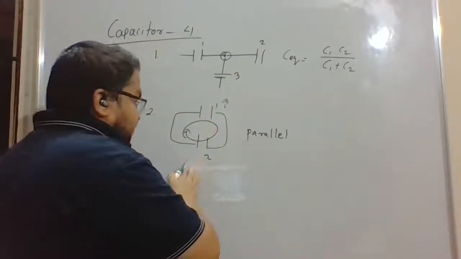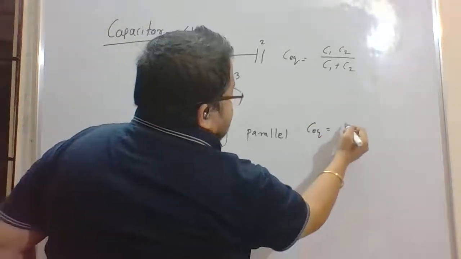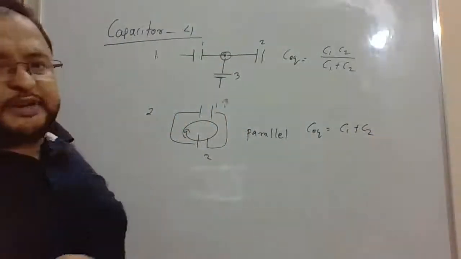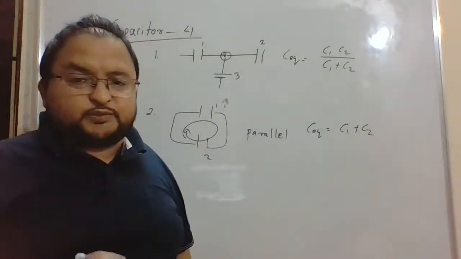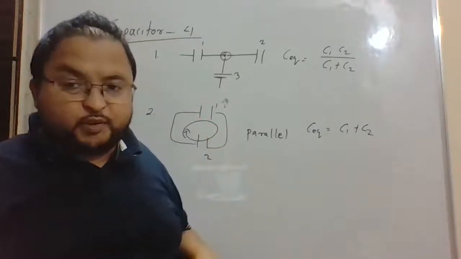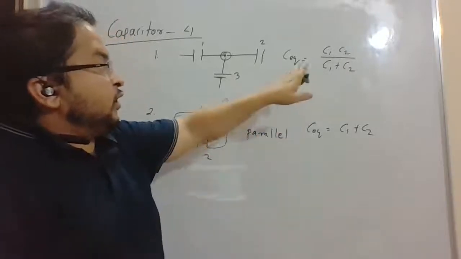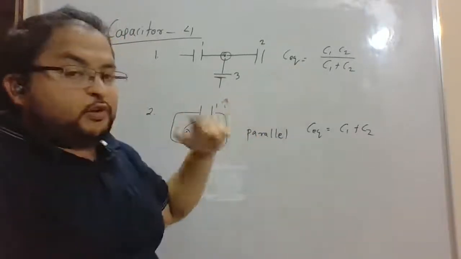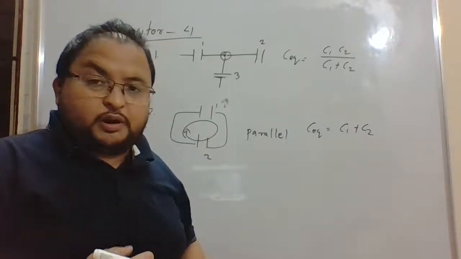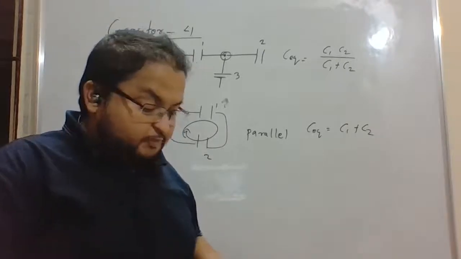For parallel, C equivalent would obviously be C1 plus C2. So, students, the equivalent capacitance and equivalent resistance formulas are always reciprocal: the formula for parallel resistors equals that for series capacitors, and vice versa.